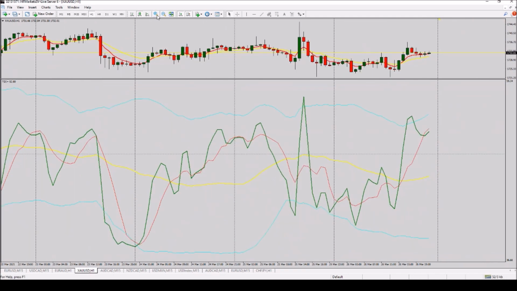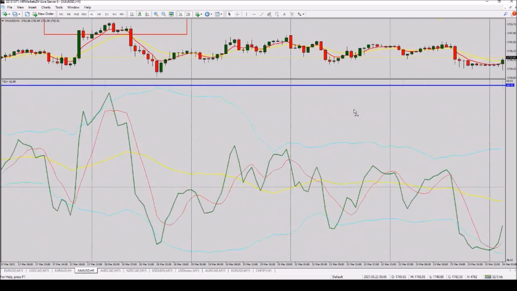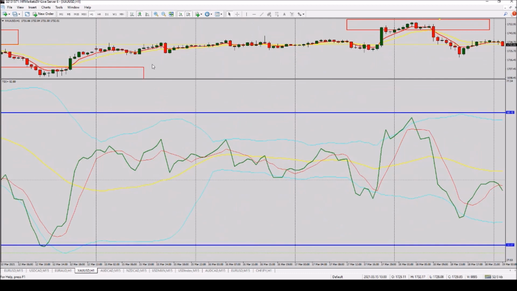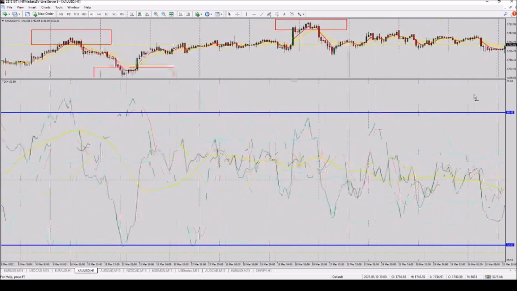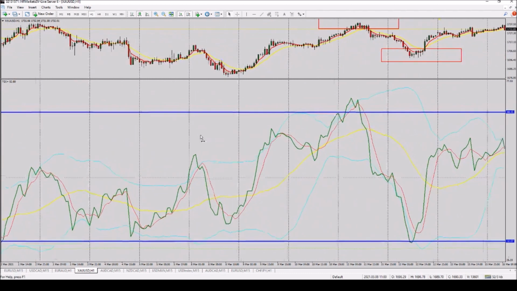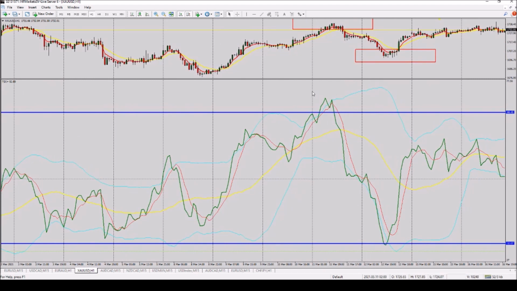So this is the TDI on H1 time frame. And this TDI, the cases that we were talking about are these ones, whereby, as you can see, the price line is at 60 something and at 32.